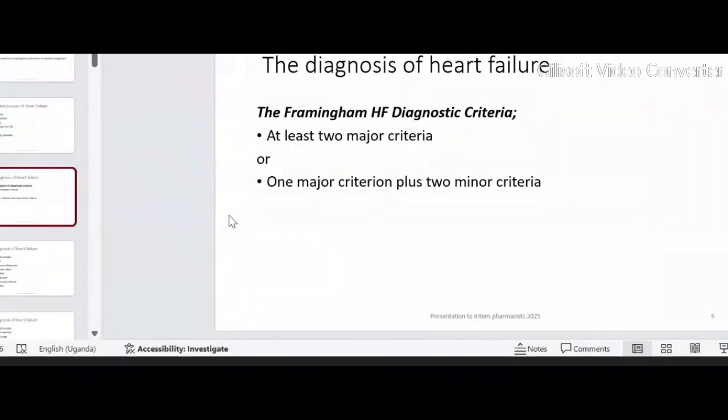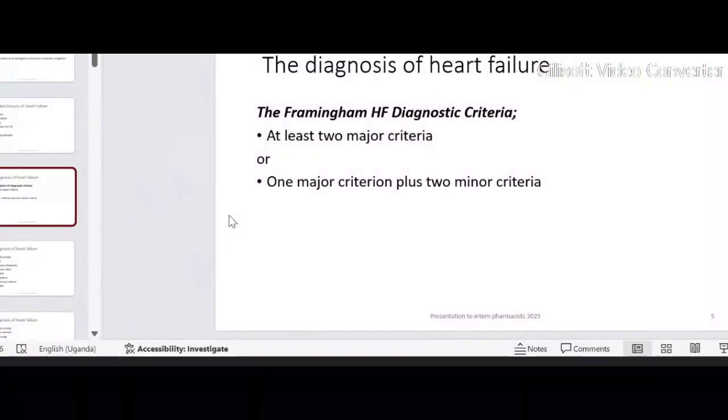Okay, so what do the cardiologists look at when they come to a diagnosis of heart failure? There's something we call the Framingham heart failure diagnostic criteria. It has major criteria and minor criteria. The patient must have at least two major criteria, or at least one major criterion plus two minor criteria.